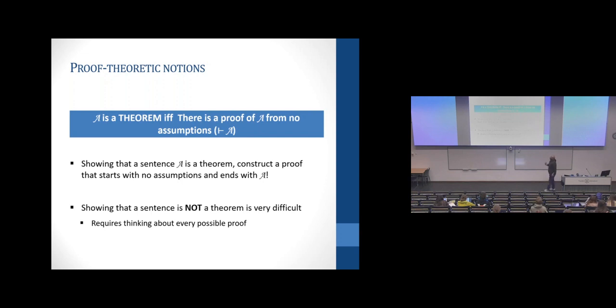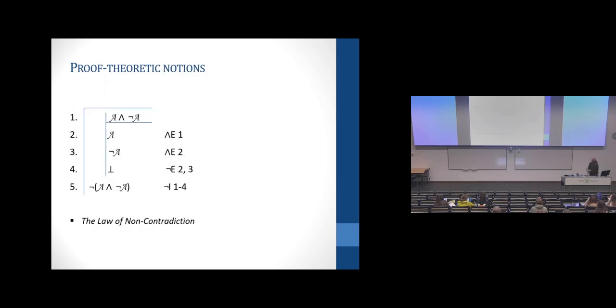So we can use our natural deduction system to show that a sentence is a theorem. And the way that we do it is we offer a proof for it starting from no assumptions whatsoever. So I'm going to go forward a slide. We'll come back in a second. Here's an example. I'll show you a proof for a sentence that's a theorem. So we take, in this case, nothing as an opening assumption.